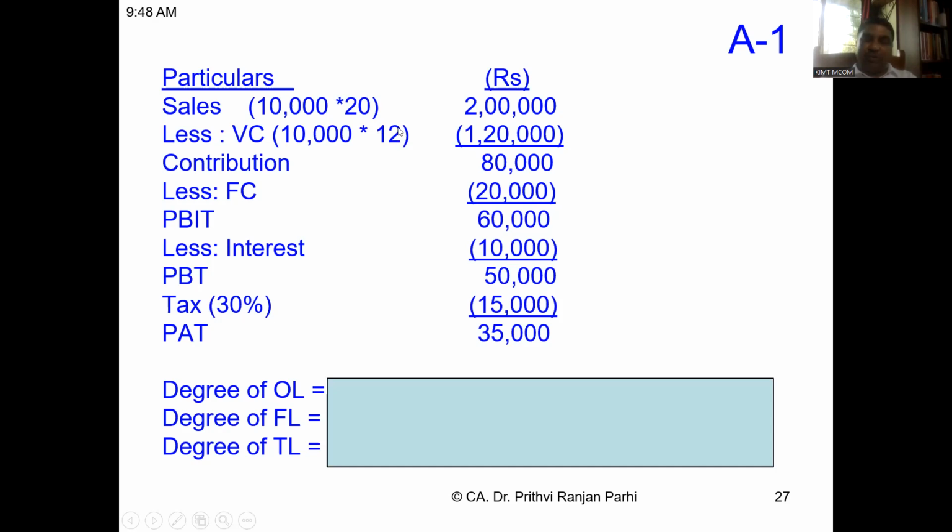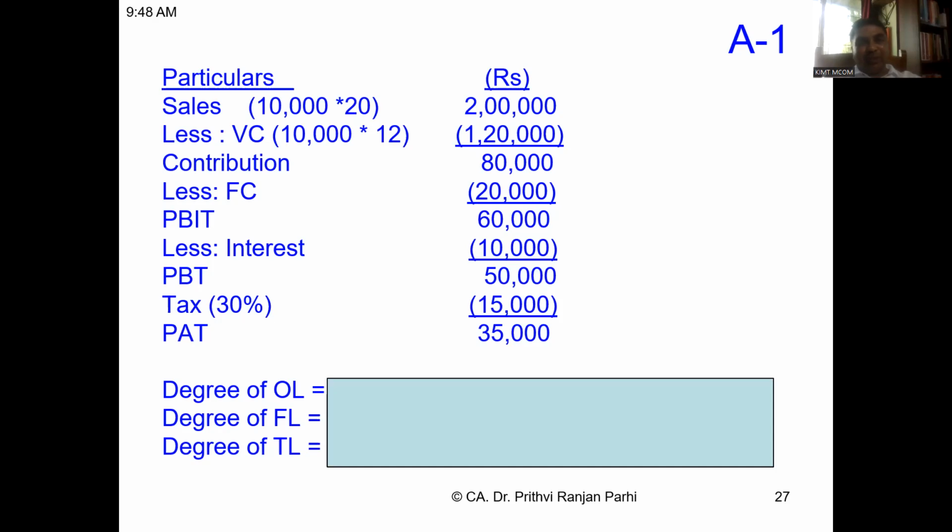Multiplying with 10,000, we also get 80,000. Total contribution is total sales minus total variable cost, or per unit sales minus per unit variable cost multiplied by the number of units of sale.